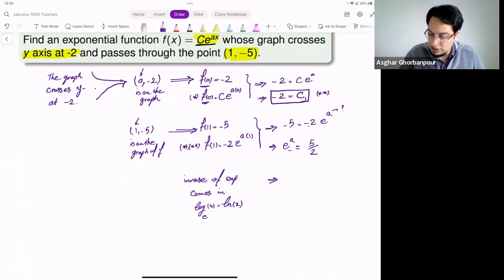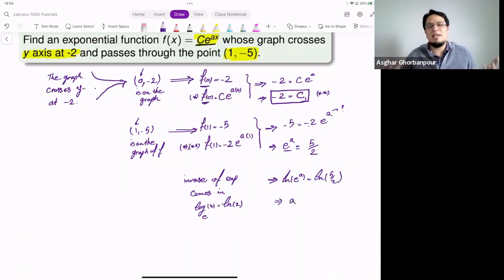So to get rid of e, we apply ln to both sides. ln of e to the power a is the inverse, so it cancels. The exponential function sends a to e to the power a, and the logarithmic function sends e to the power a back to a.